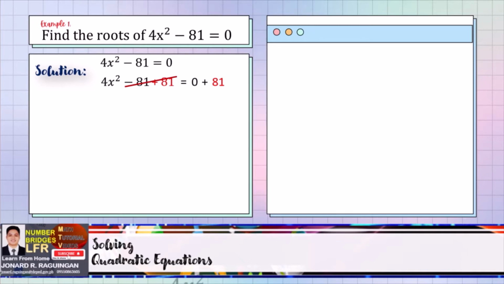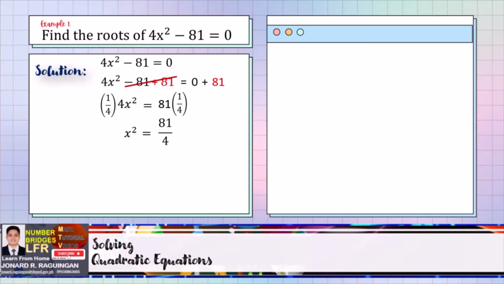Then copy 4x squared is equal to 0 plus 81, which is 81. Then, applying the multiplication property of equality, multiply both sides by 1/4. 1/4 times 4x raised to 2 is x raised to 2, is equal to 81 times 1/4, which is 81 all over 4.